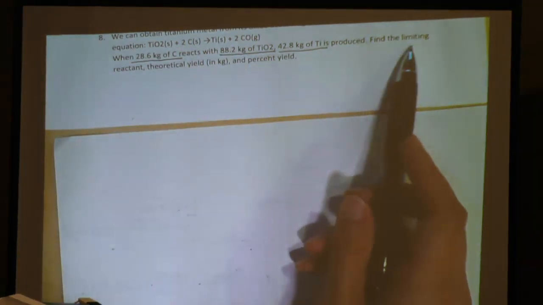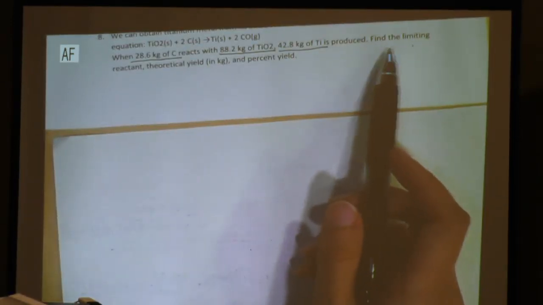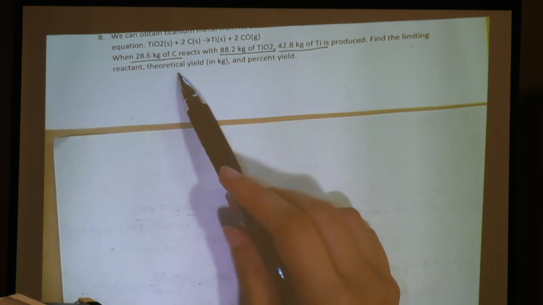So that's going to limit the amount that we could produce. Our theoretical yield, I will be able to find that. And our percent yield, we have an equation for that as well that we'll have to go through the limiting reactant first. So first we'll start with carbon.